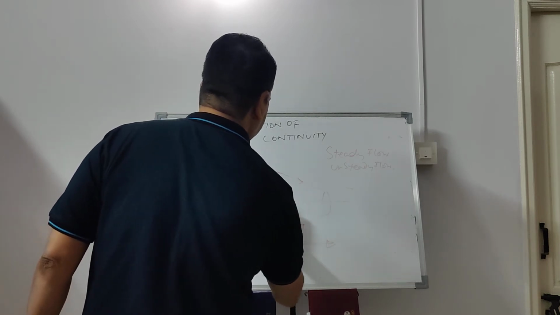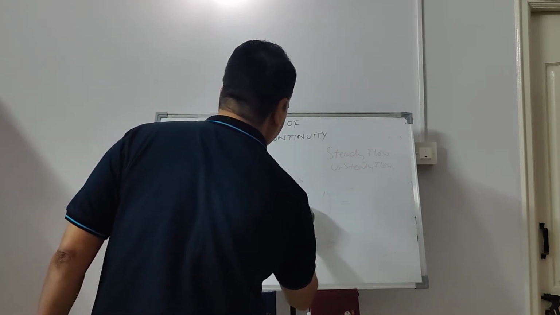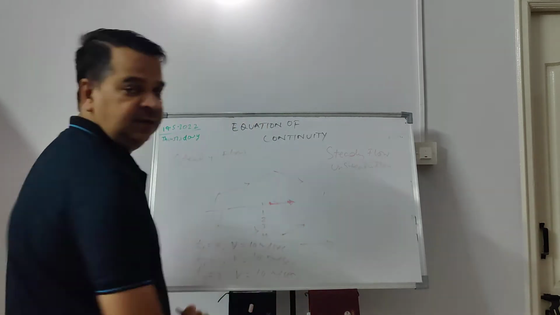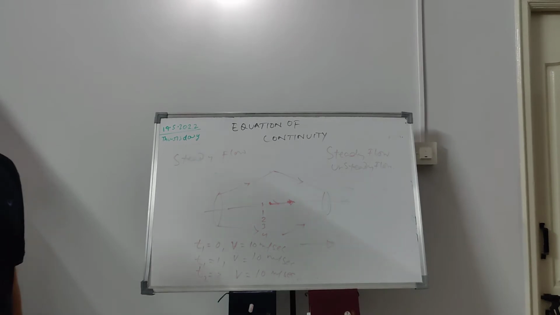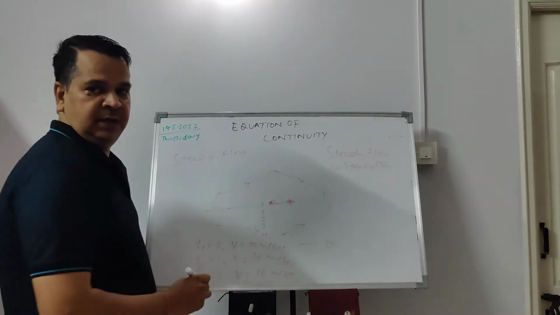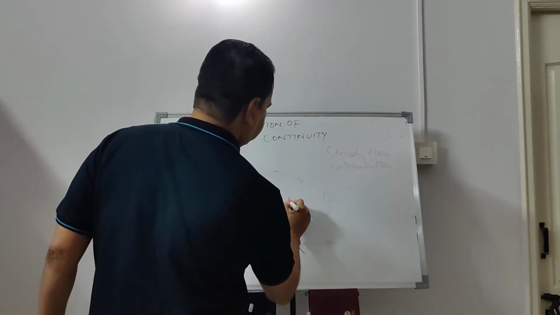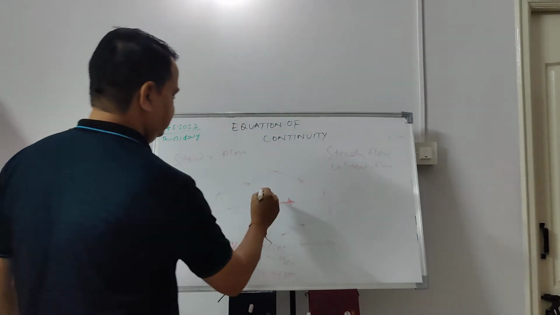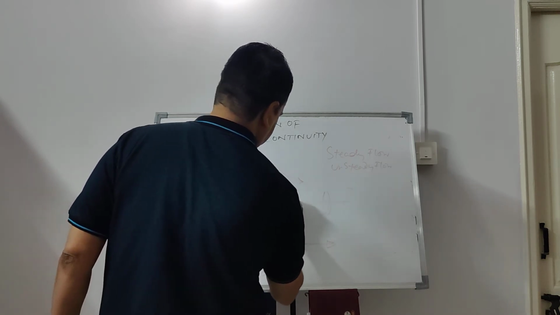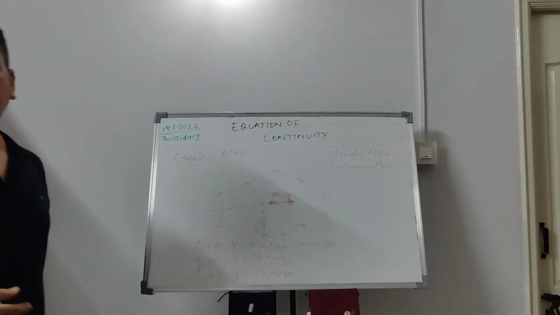At any point of time, if you measure this distance, like it was here, now it is here, that is the velocity. At the 0th second it was here, at the end of 1 second it is here. So this magnitude is 10 meter per second, and the direction is horizontal.